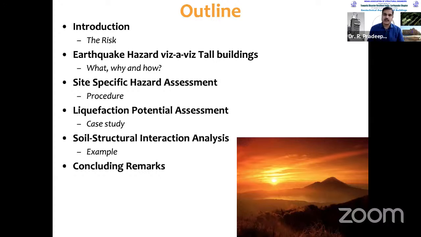So three major items and one minor item which 1893 is giving, that is increase in bearing pressure. How much increase in bearing pressure is allowed?